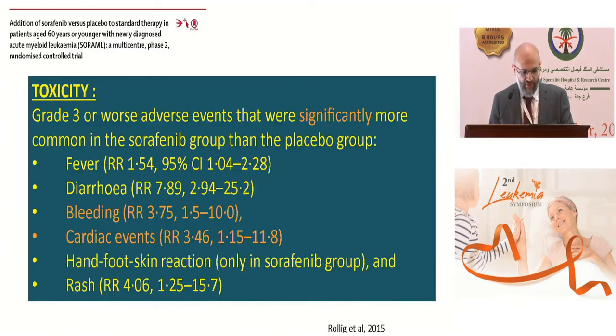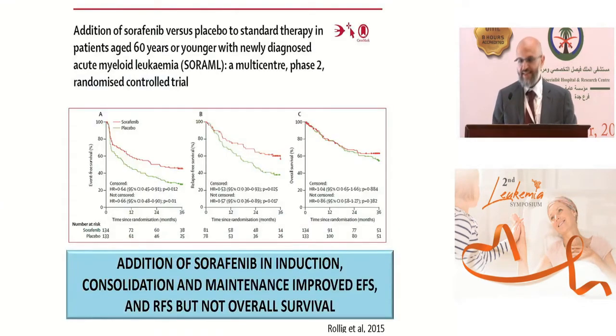The other thing to note is that this was a study of all comers. This wasn't a study in FLT3 positive AML. And we know there was a stage when we tried using it, and many centers use it, and they say because it's FLT3 positive AML.